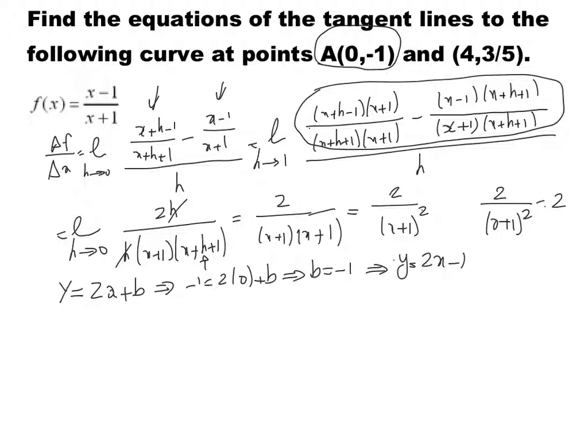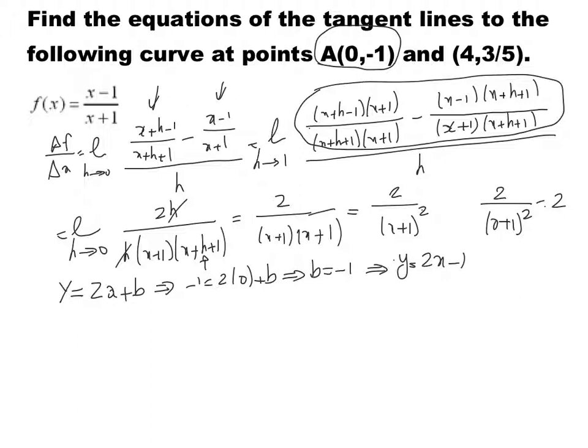So this is the equation of the tangent at a equal to 0, negative 1. Now to find the equation of tangent at point B, which is (4, 3/5), I do the same thing.